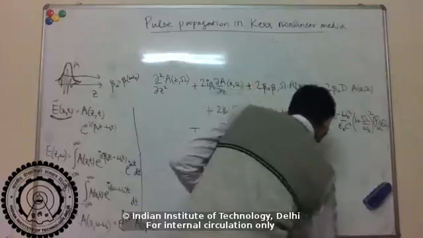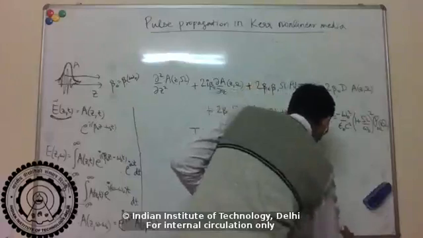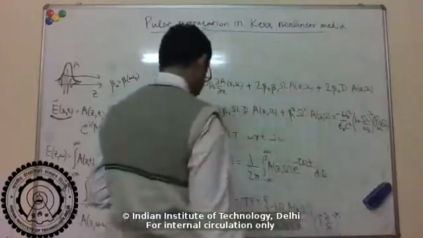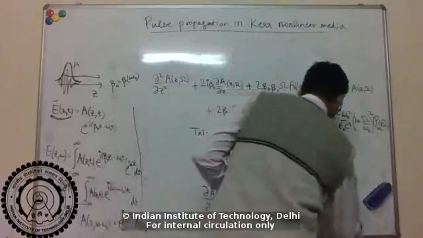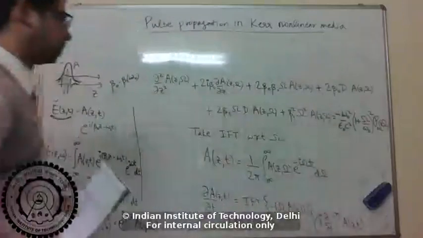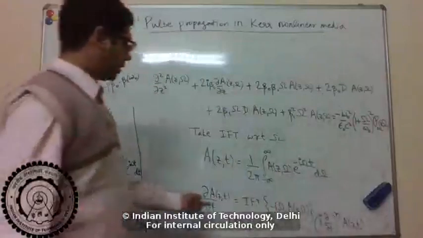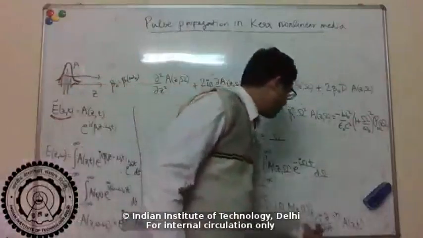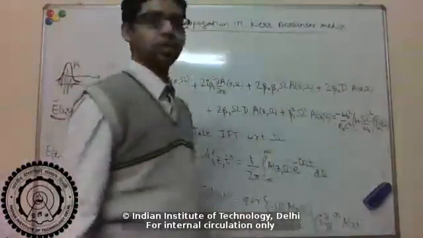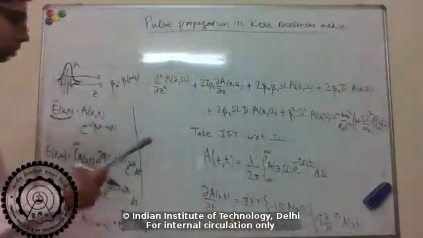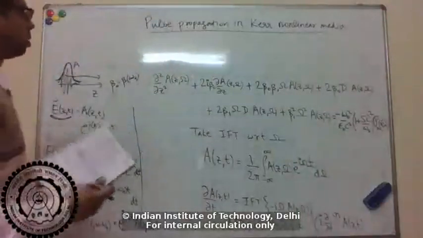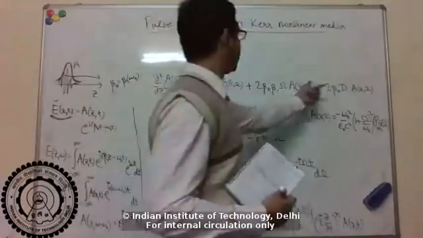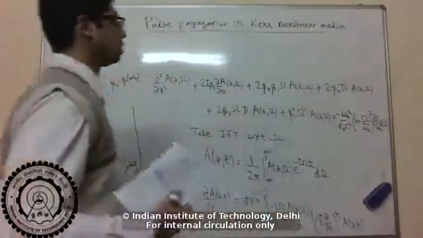So this will be i del by del t operating n times on the function. So for each factor of omega, I get a time derivative, from the Fourier transform relation. So basically, wherever I have an omega, I will replace it by a time derivative.